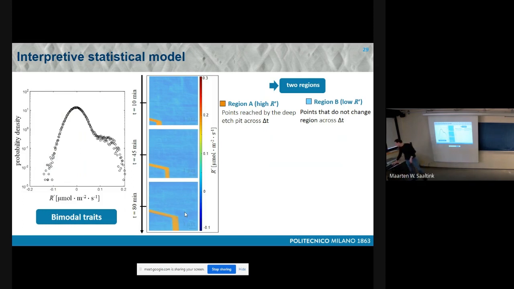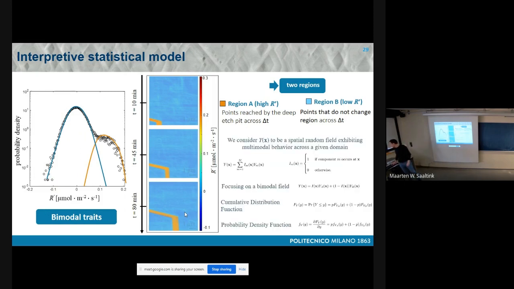Just to show you what it means by having a Gaussian model, the system is conceptualized, so our random field is conceptualized as a multimodal random field, which is identified, in this case bimodal, so we have a random indicator function.